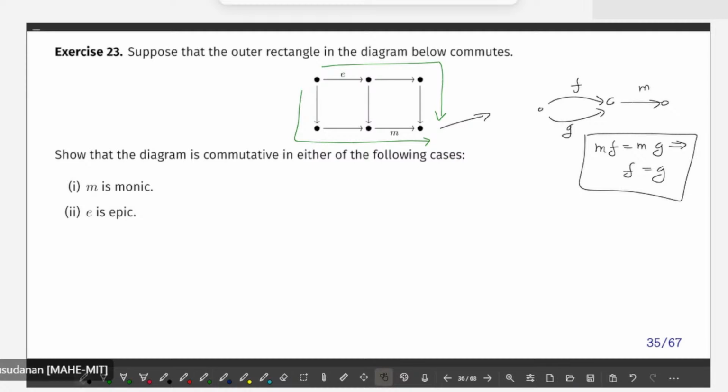M is monic. And the first one, does it? See, you cannot get that MF equals MG. If it is given that MF equals MG, you can say F equals G. But okay, is there any way? Because did I misread the question? Actually, I'll check. Okay.